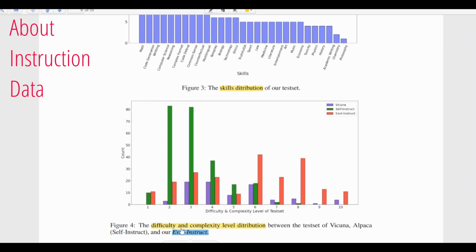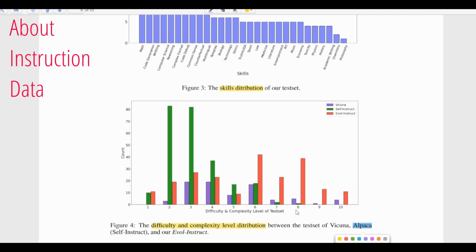As you can see, the Alpaca data is showing a very skewed data set with the low difficulty instructions being very highly populated and almost zero population in the difficulty exceeding level 6.